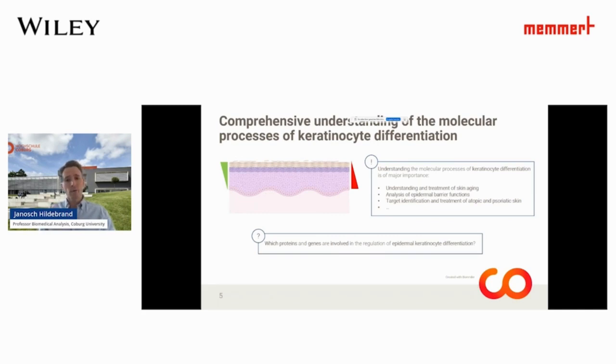To understand the molecular processes behind this differentiation process on the one hand, and the regulation of the proliferative capacity, is of major interest to analyze skin aging processes, and also to develop skin aging treatments, and in addition also to develop treatments for atopic or psoriatic skin conditions, and in general analyze the function of the epidermal barrier.